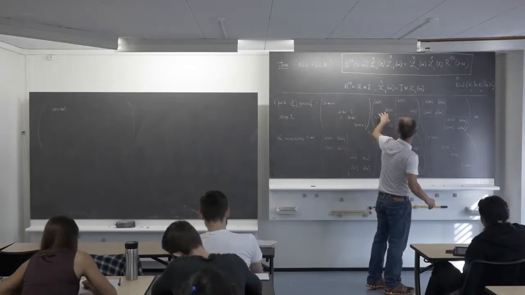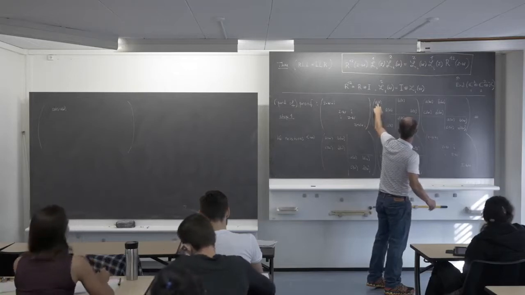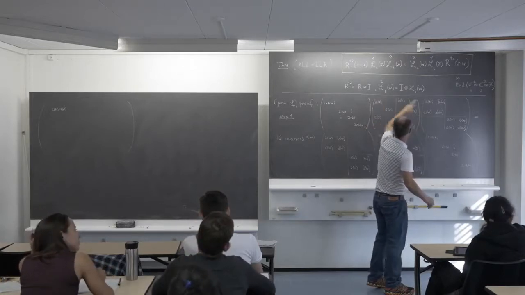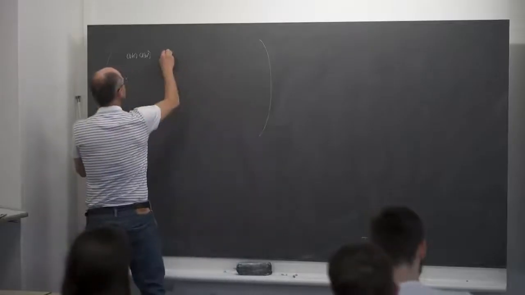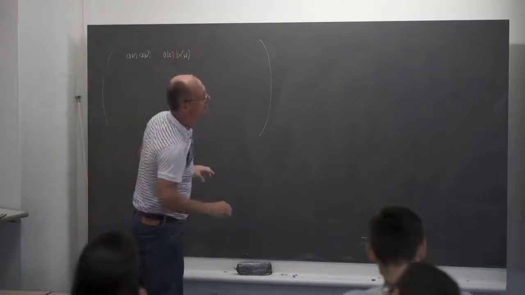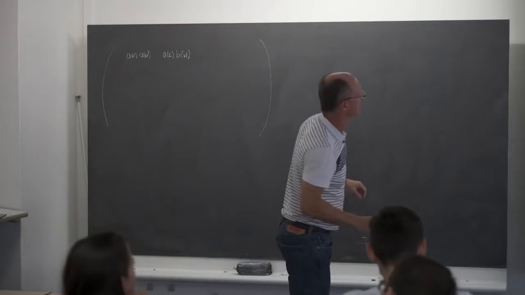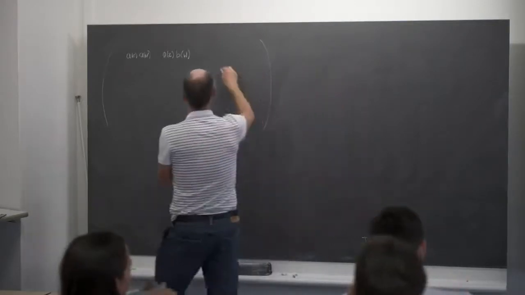Then I'll have A of Z, B of W, right? So what's the next one? B of Z, yeah, right.